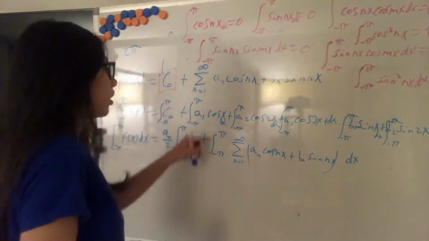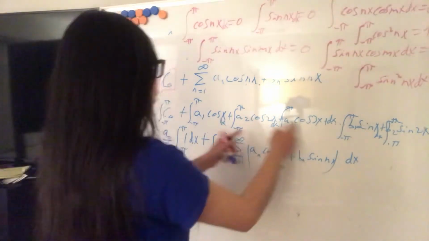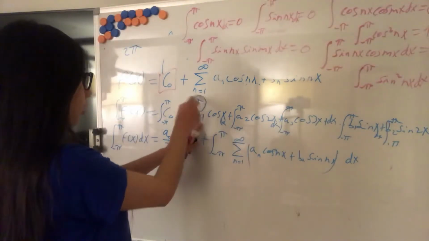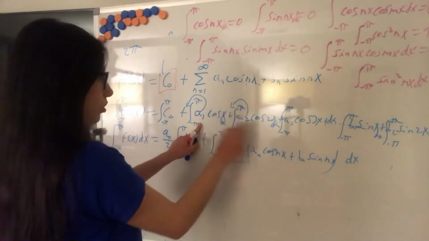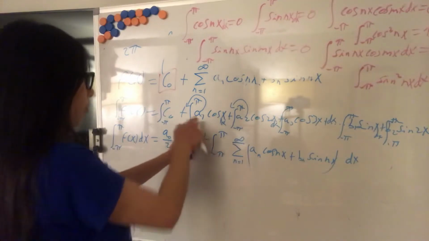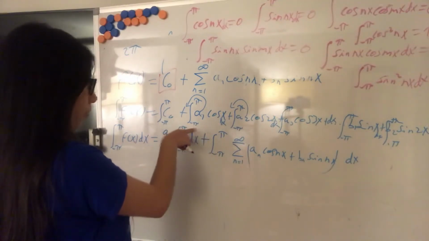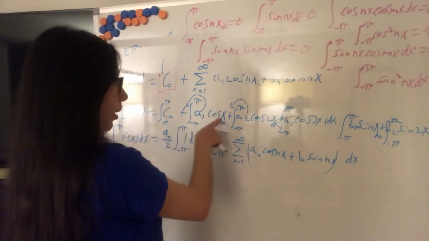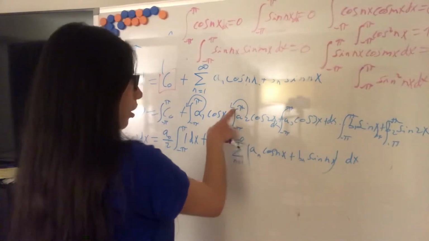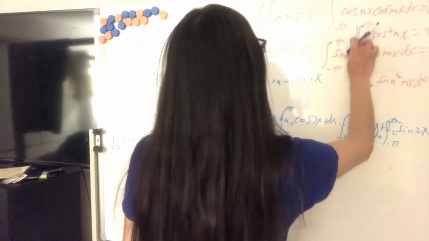The issue is that each one of these constants we can take out, and then we just have the defined integral from minus pi to pi of cosine of x, the defined integral from minus pi to pi of cosine of 2x.